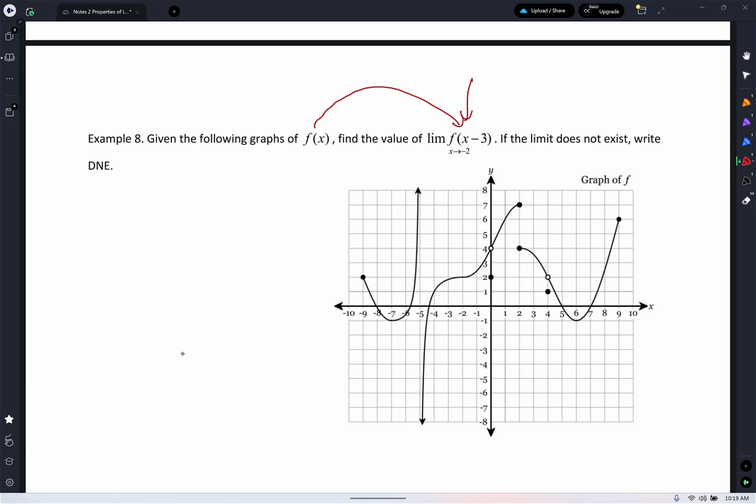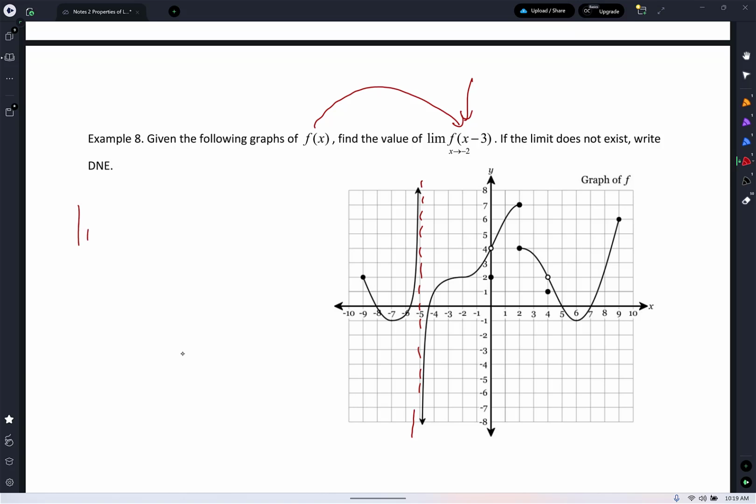But the class of 24 thought it was easier to just do direct substitution. Negative 2 minus 3 is negative 5. And I can see that at negative 5 I have a vertical asymptote, so I can already see it doesn't exist. Class of 23 thought it was easier to just move this graph 3 to the right and then look at negative 2. Whatever you think is easier, guys.